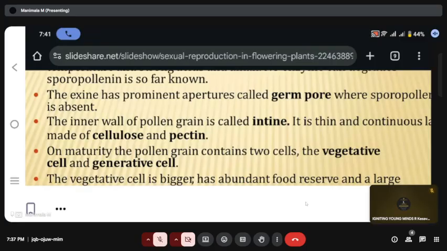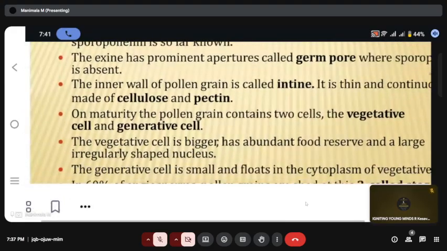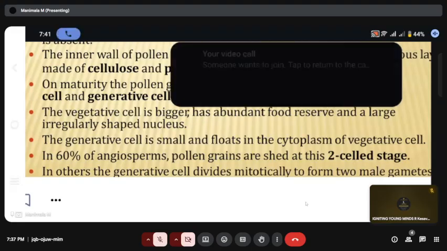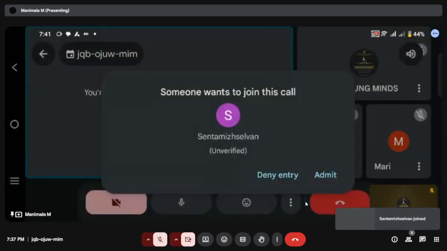The intine is made up of cellulose and pectin. It is a continuous layer with no germ pores or sporopollenin. When the pollen grain matures, it divides to form a vegetative cell and a generative cell.